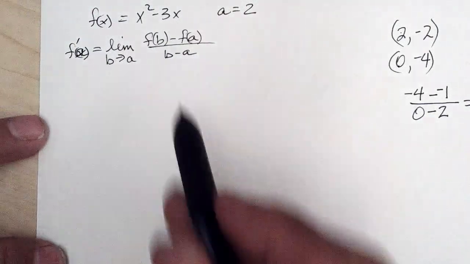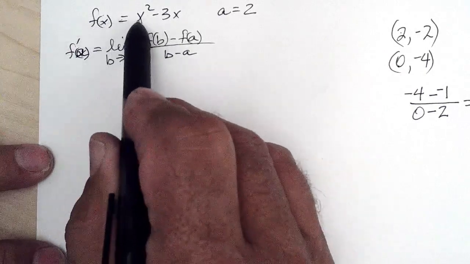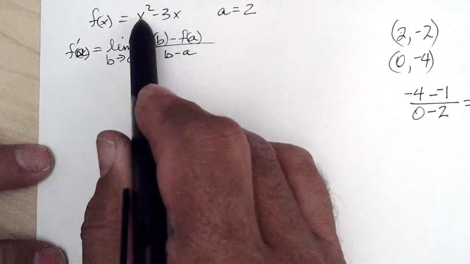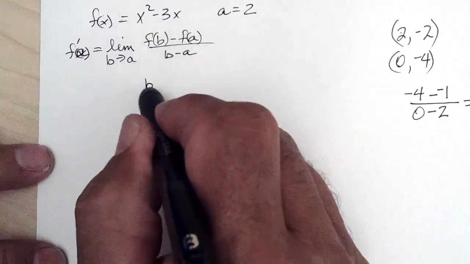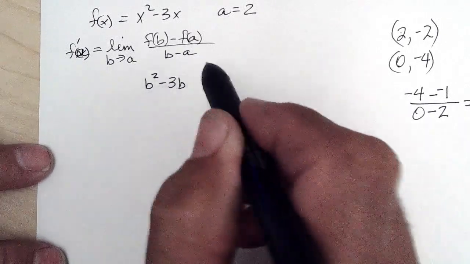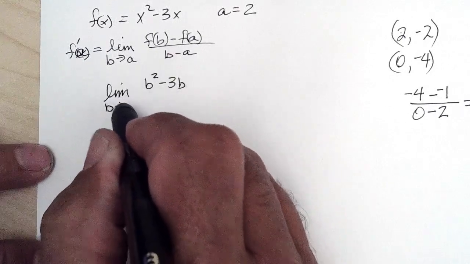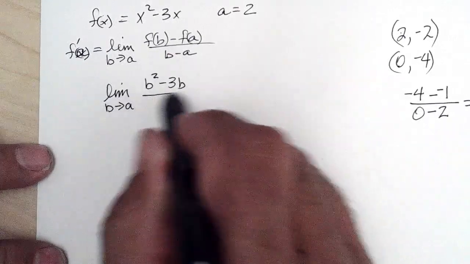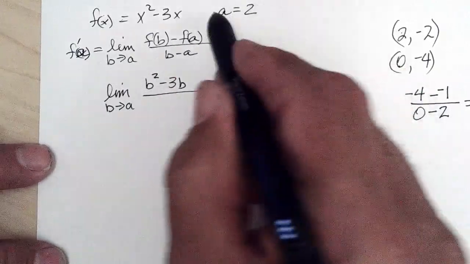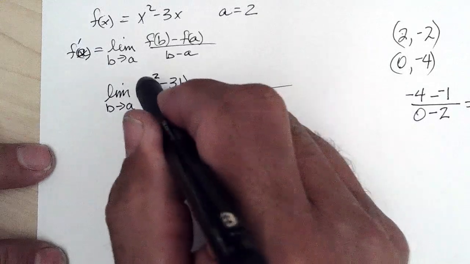Now I'm going to use this formula for this. So f, the original one with b in place of the x's, becomes b squared minus 3b, minus all of this when I put 2 in. So I'm going to use parentheses.